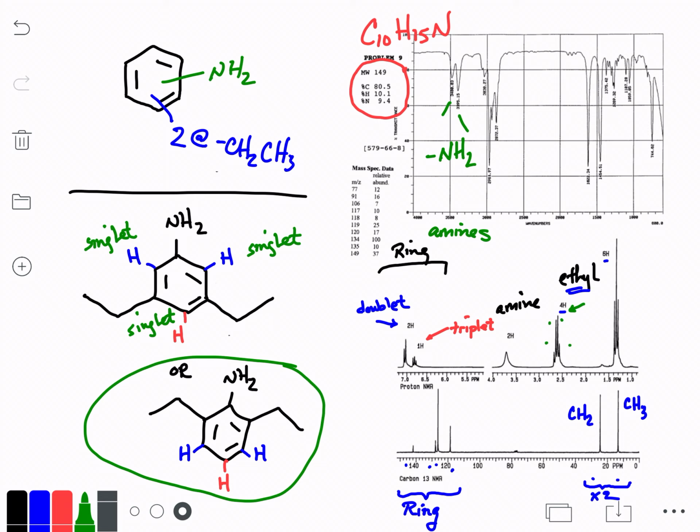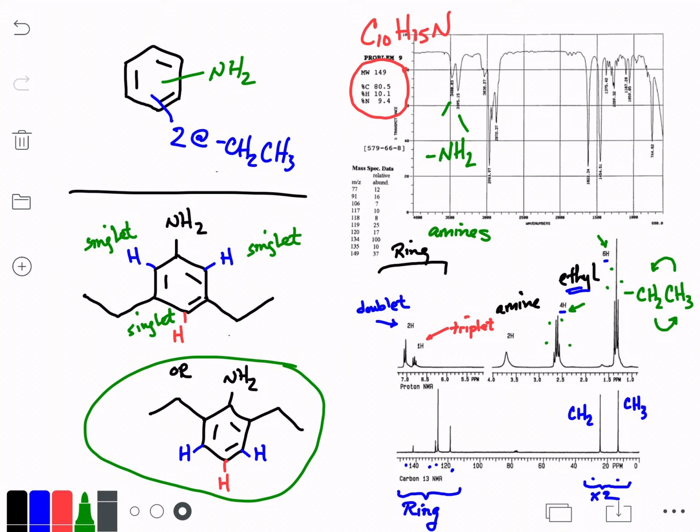It's because I had 4 hydrogens here being split into a quartet, meaning they have 3 neighboring hydrogens each. And I had 6 hydrogens here being split into a triplet, telling me they have 2 hydrogens each. That's really characteristic of an ethyl group, where I have 3 neighbors to split those guys and 2 neighbors to split those guys.